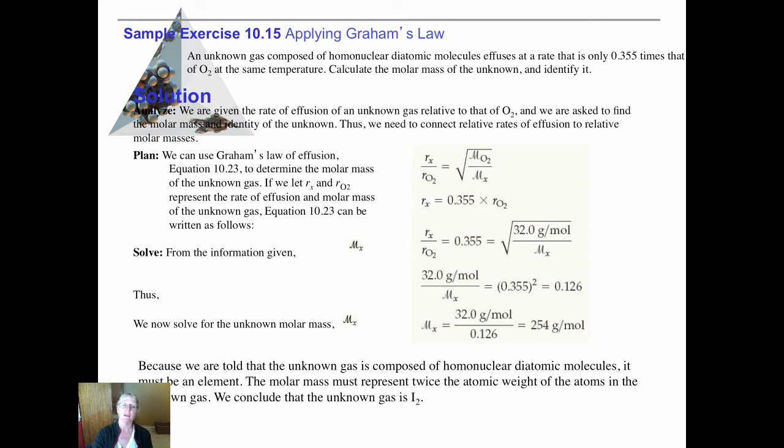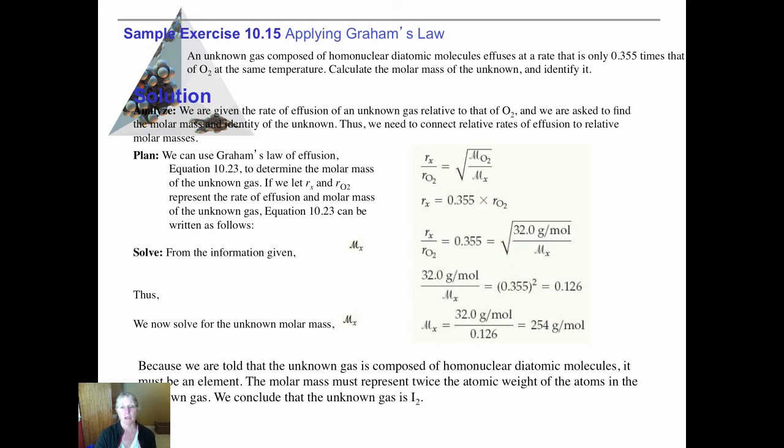So how you would say this in English is the rate at which gas X diffuses compared to oxygen is equal to the square root of the mass of oxygen over the mass of X. And that's what we're trying to find out. So don't get worried here. You'll be able to cancel out a lot of this stuff.